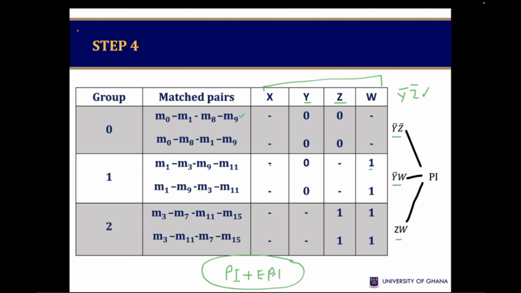But in most cases, we have only essential prime implicants. These are always part of your final expression. But in some cases, you may have some prime implicants also being part. So let's take note of this.